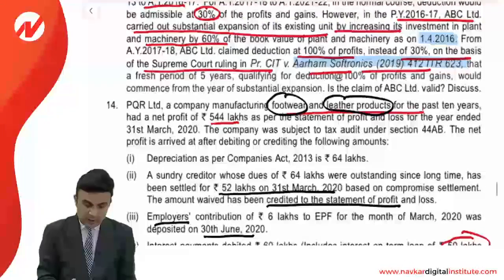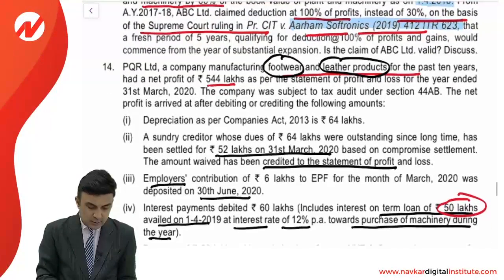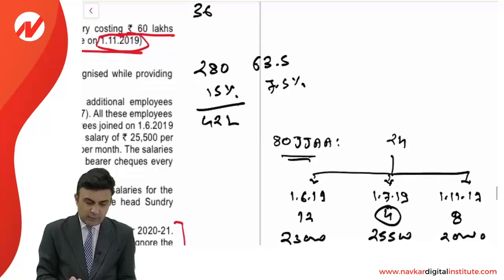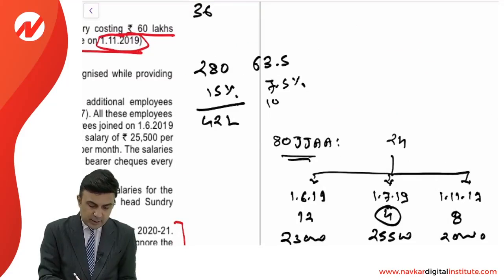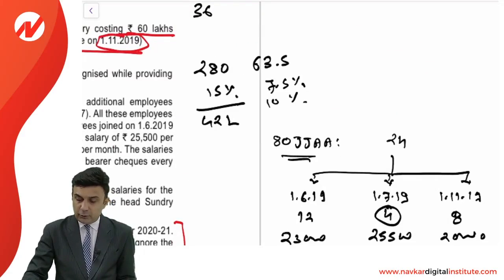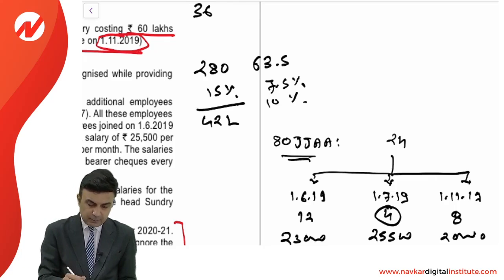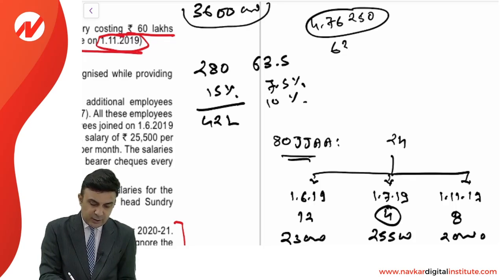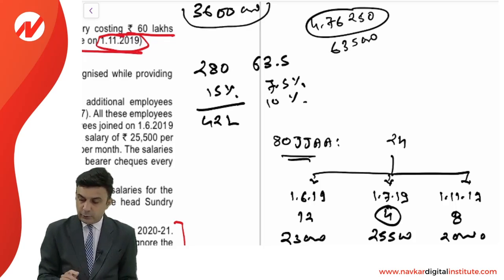The business is started not in the specified states. So over and above this, you would be able to get 10% additional depreciation also. 63.5 multiplied by 7.5 will be giving you your depreciation to be 476,250, and your additional depreciation to be, friends, can we say 635,000.